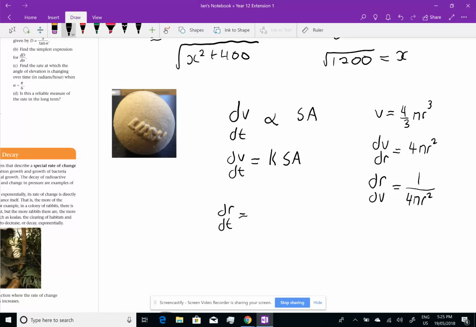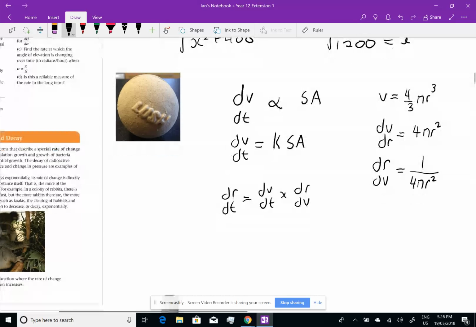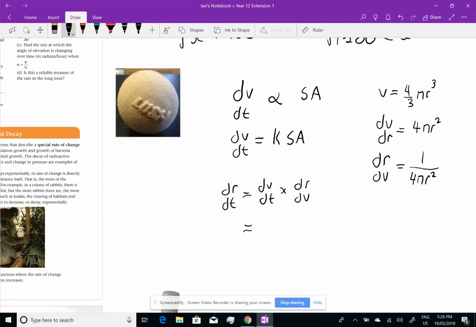So dr/dt equals dV/dt times dr/dV, which is some constant, times the surface area, all right, times 1 on 4 pi r squared.